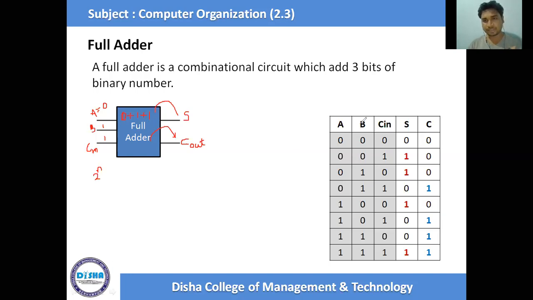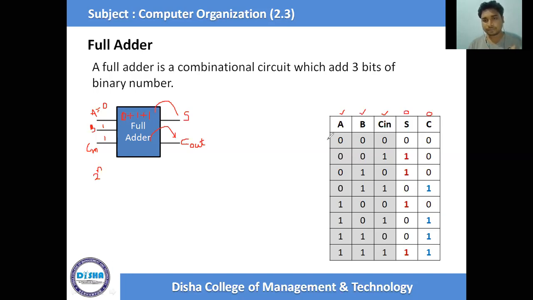So this is the functional table of this full adder, and we got the idea of the functional table from this block diagram of the full adder. These are the three input values A, B, and C in, and it has two output values: one is sum, another is carry.